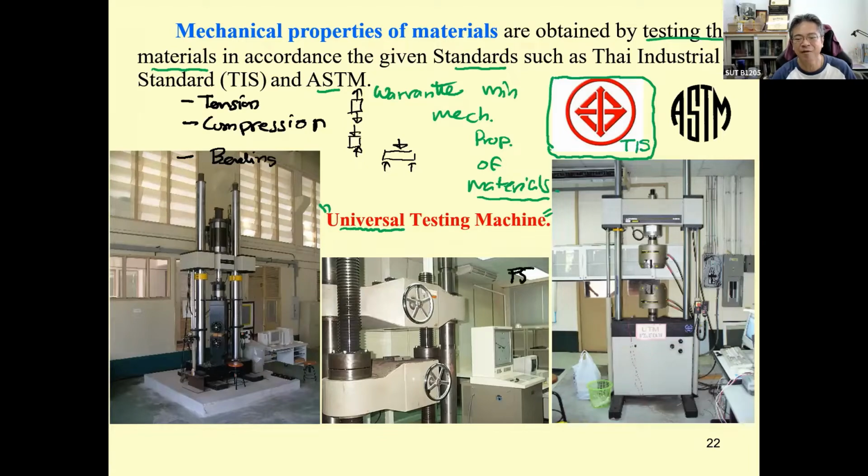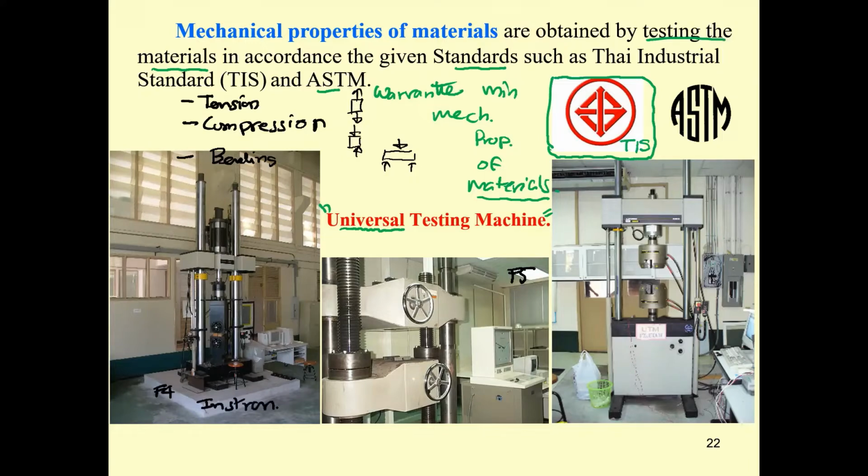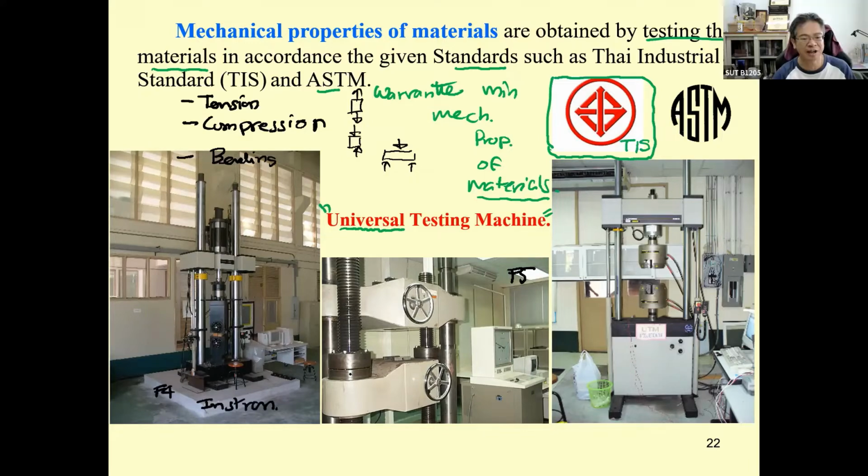This one is in the F5 building. It's a Tinius Olsen universal testing machine. This is about 25 years old. And we have this one at the F4 building, the Instron universal testing machine. It costs about 4 million baht when we bought it.